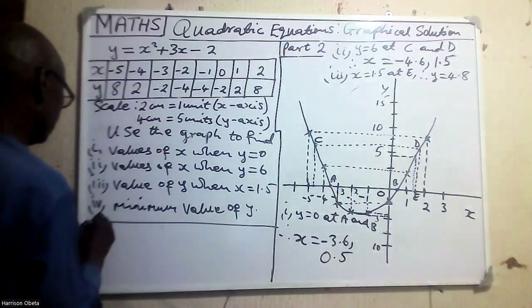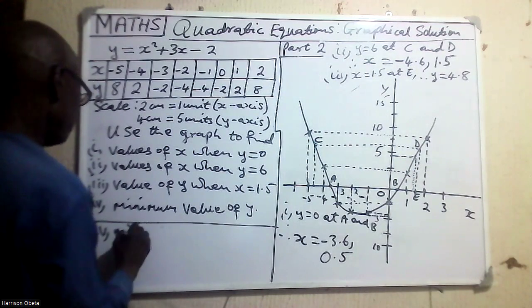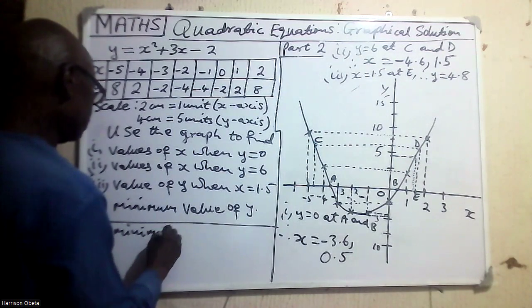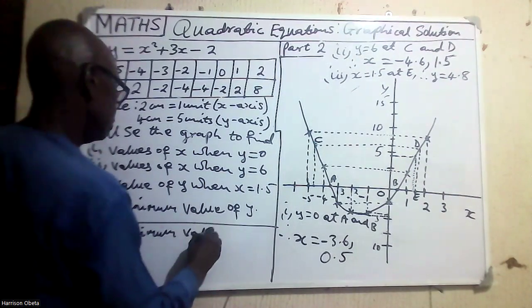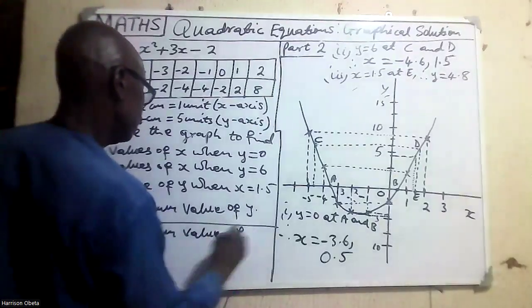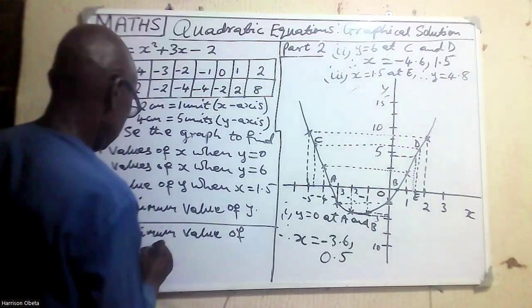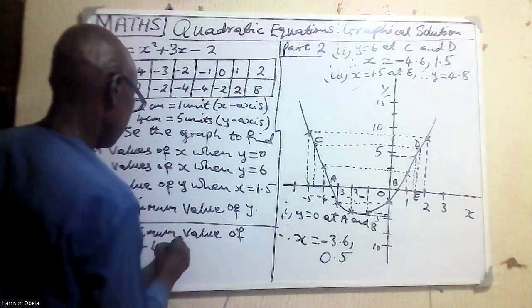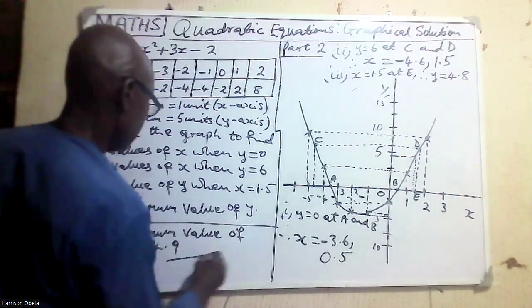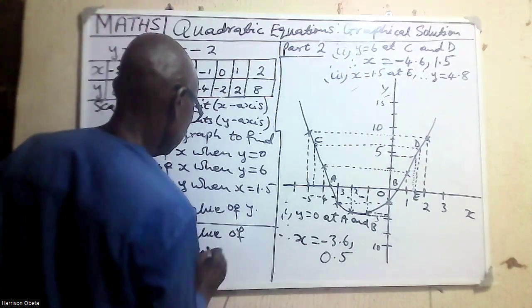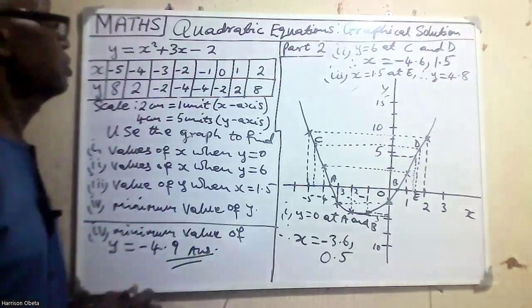That's the answer to the last one. Minimum value of y is equal to minus 4.9. That's the final answer to the questions.